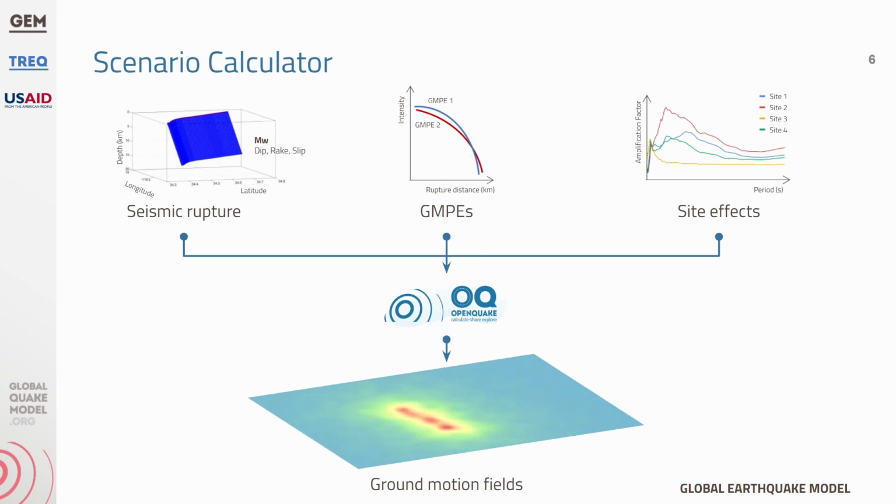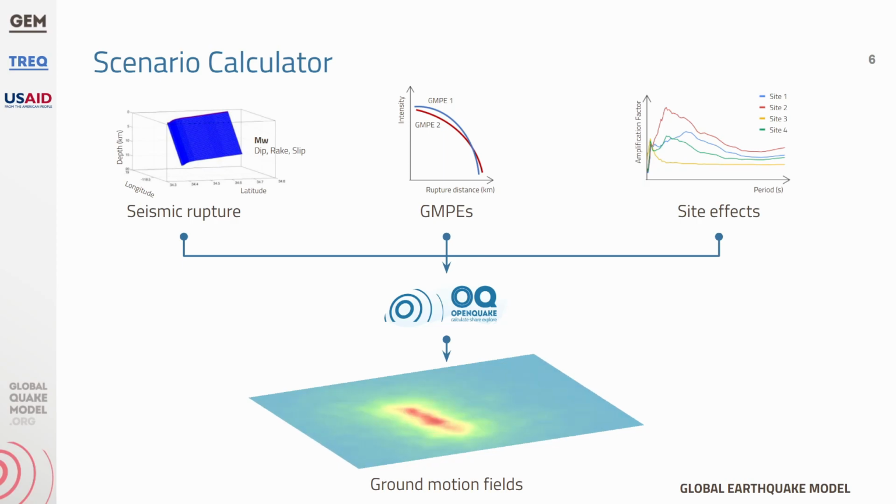We saw previously that in OpenQuake, we can specify uniform soil properties. We can also specify Vs30 values, and now we even have the capacity to provide the engine with amplification functions. In this way, we can estimate the median ground motion field, or we can simulate multiple ground motion fields to take into account the aleatory or random variability of the ground motion model, or GMPE.